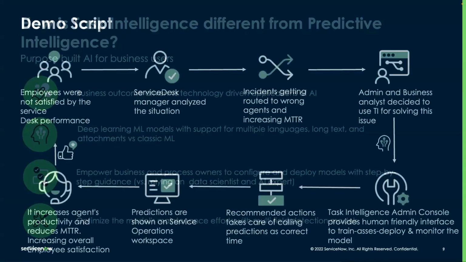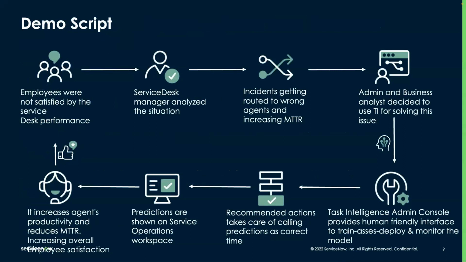Next slide, please. Yep. So this is the demo script, or the exercise script, which I would be taking you through. Consider a company where employees were not at all satisfied by the service desk performance. The service desk manager analyzes this situation and goes to their business users and admins to understand what should we do, because this reduction in satisfaction is also due to the higher increase in the MTTR.